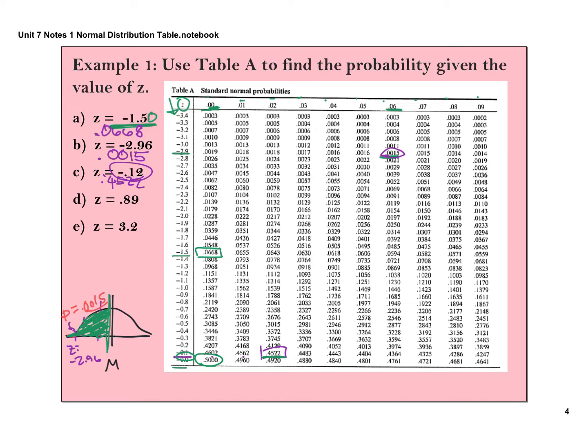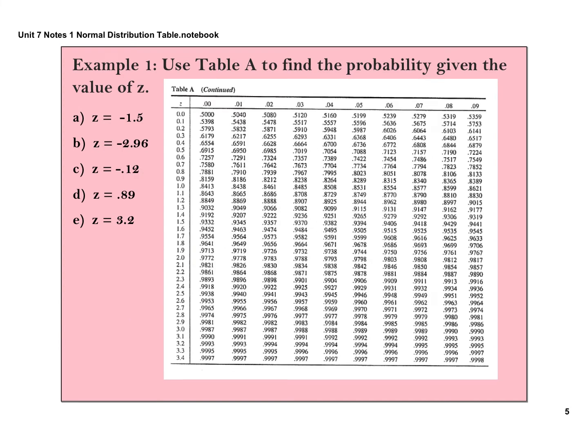Now, what about positive z-scores? So if you're holding your blue chart, I want you to flip it over and look at the positive side. So here's my positive side. I'm going to look at letter D. I want the z-score of 0.89. So 0.8 is right here, all the way out to the right-hand side. This one is the 0.09 column.